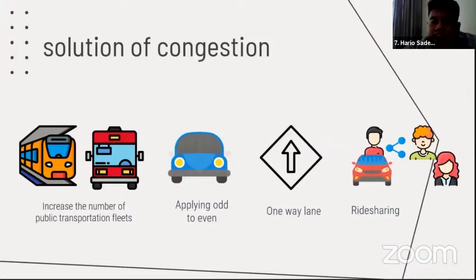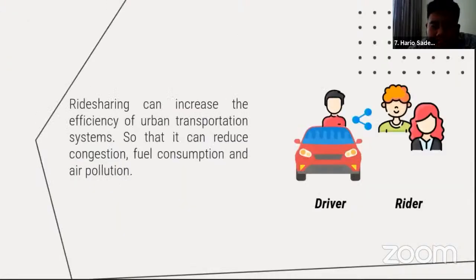There are many solutions to congestion: increasing the number of public transportation flights, applying all-even-odd, one-way lanes, and ride sharing. One solution discussed in this paper that can reduce the use of private vehicles and congestion is to use the ride-sharing system.